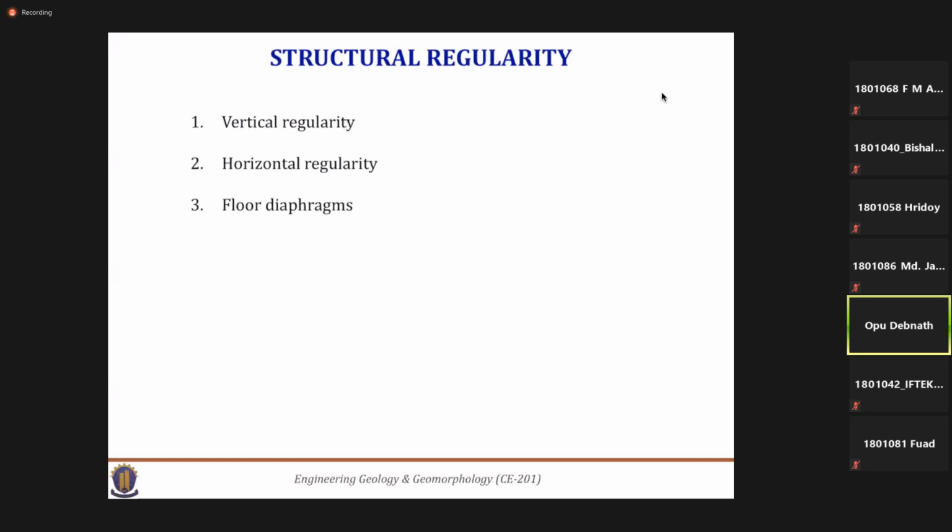In this case the vertical regularity is not maintained. This is a very common example. In a ground floor there is no wall, that means this is completely open space, and thereafter in top floors the arrangement is different. So this is the example of irregularity.